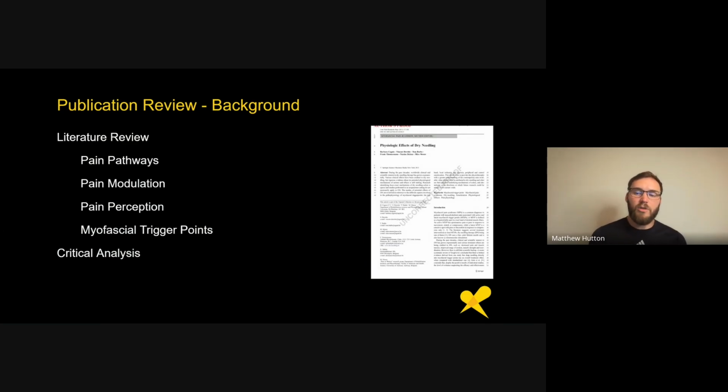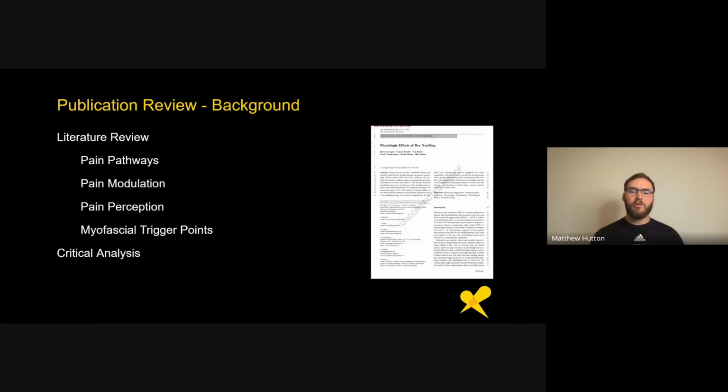Then they get into the pain modulation approach and how there are different ways to intervene with people's experience of pain. And then they get into the perception of pain and how people's experience with pain shapes or warps their perception of pain. And lastly, they talk about the physiology of myofascial trigger points and how we can target them.